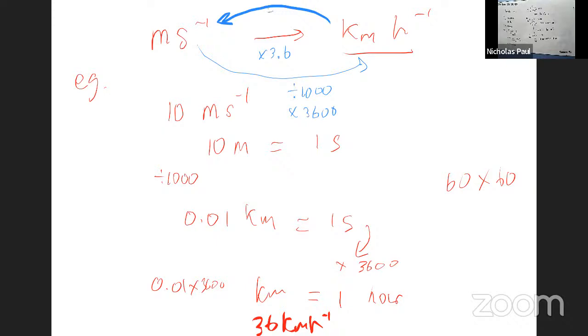So you would divide by 3,600 and multiply by 1,000. So you're doing it in reverse. That's why I prefer to try to remember that. Divide by 3,600, multiply by 3.6.